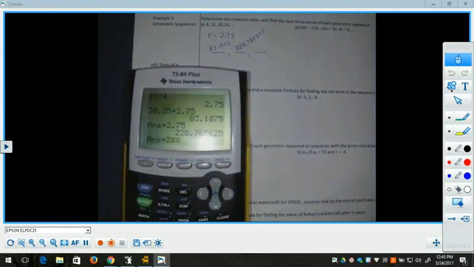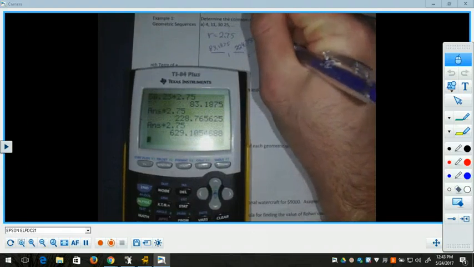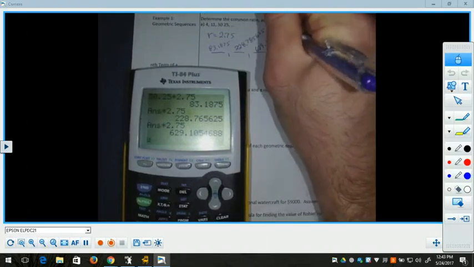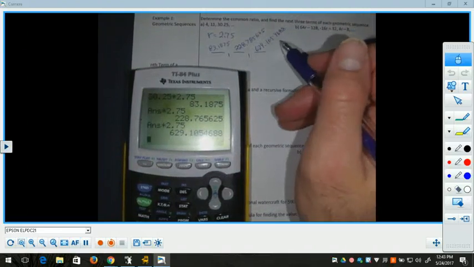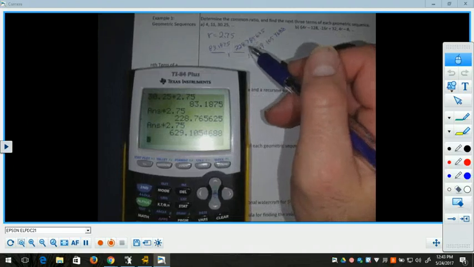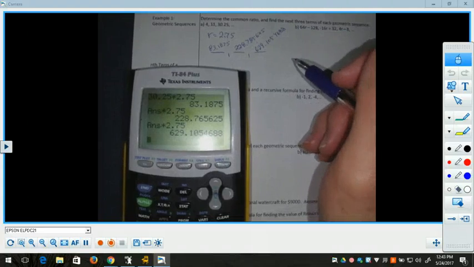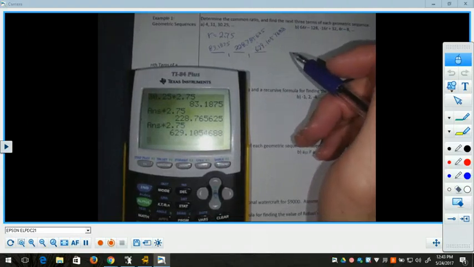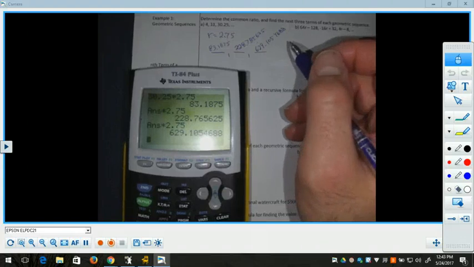Then I'm going to multiply that by 2.75, and I get 629.1054688. Now I could have rounded on this one 4 decimal places out, but I didn't do that with the other ones because I was going to be multiplying them to get the next answer. So I wanted to keep as many digits as I could. But those are the next three terms, and we could find more if we wanted to.